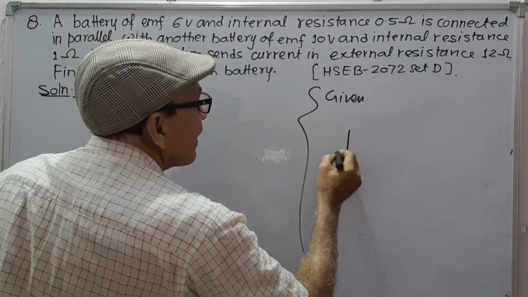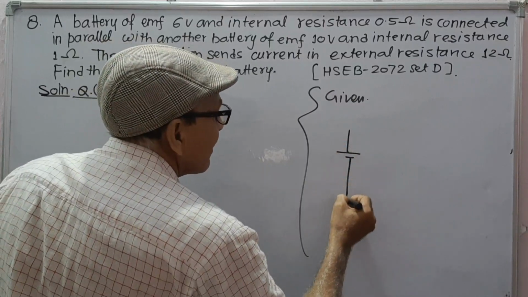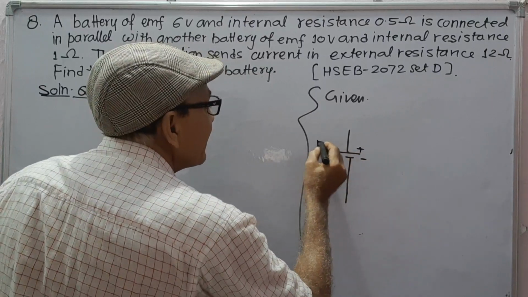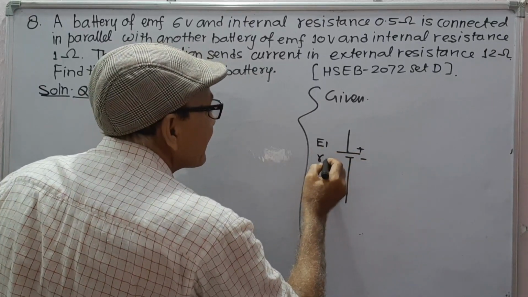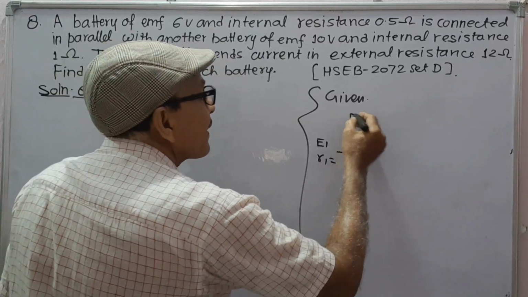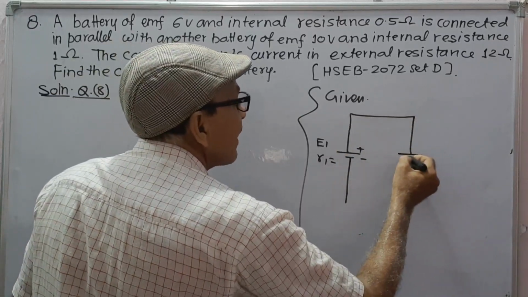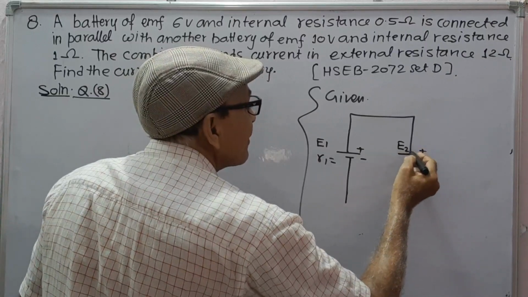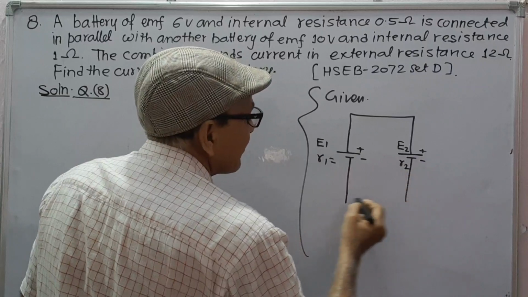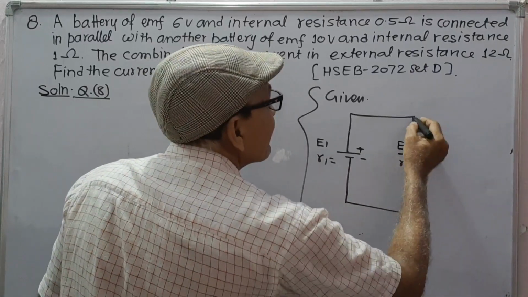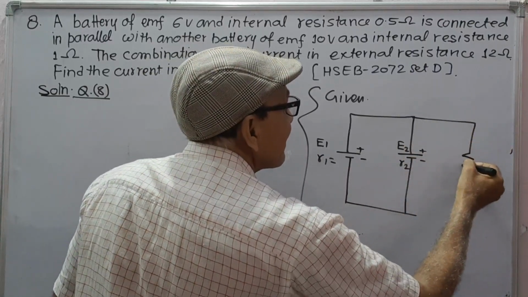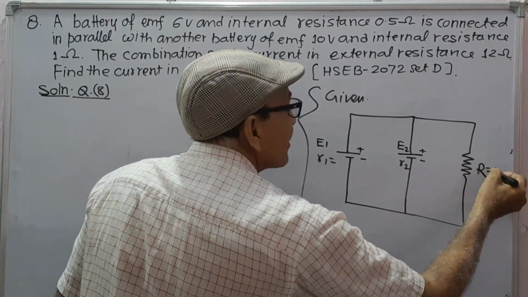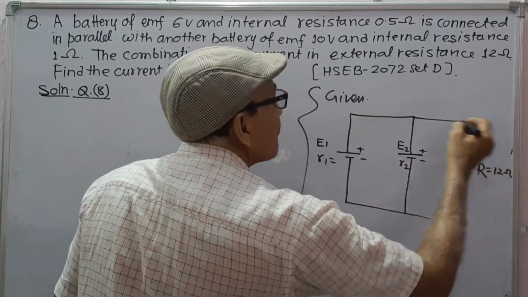Here given, this is a cell of EMF E1, internal resistance R1, connected in parallel with another cell of EMF E2, internal resistance R2. This combination sends current to external resistance R is equal to 12 ohm.